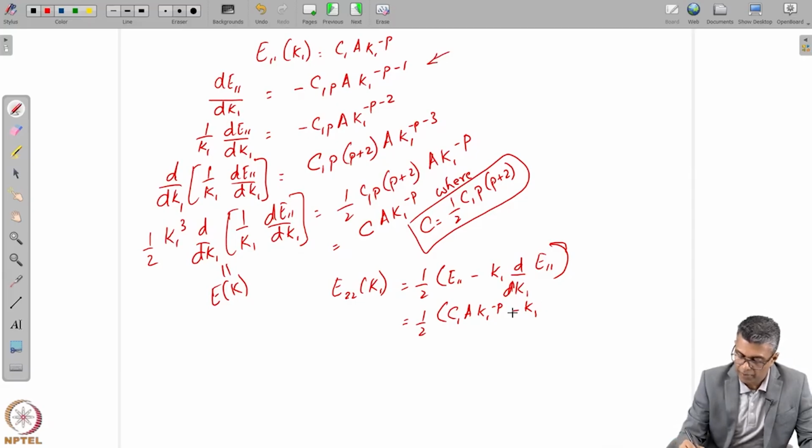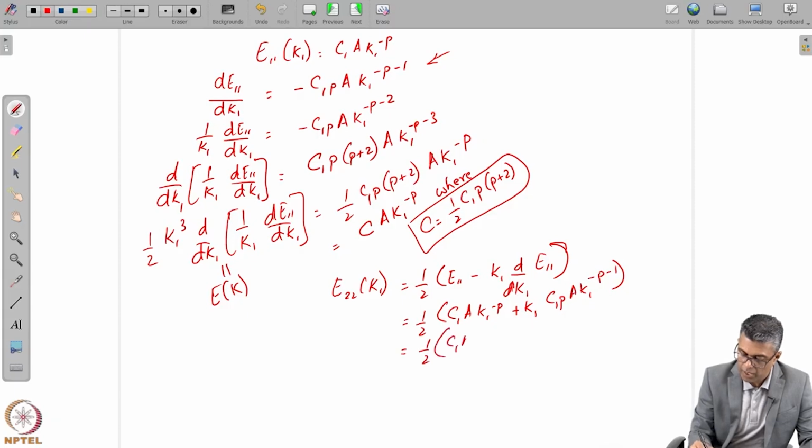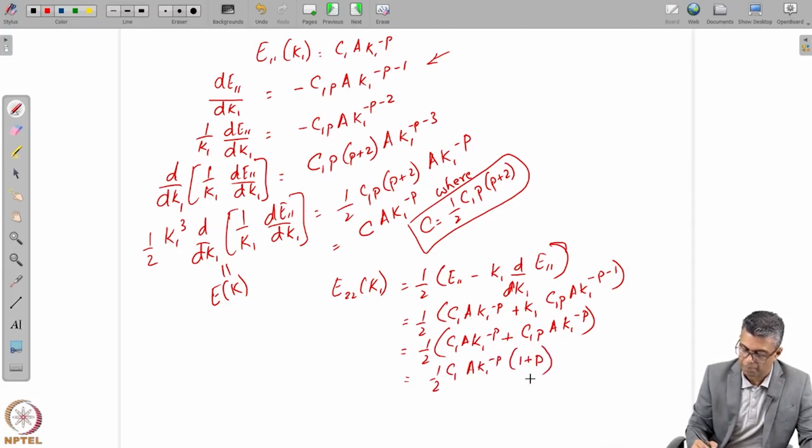Then this will be a plus, and C1 P A kappa 1 to the minus P minus 1, which is going to be half C1 A kappa 1 to the minus P plus C1 P A kappa 1 to the minus P. So I can factor out a few terms, and what I'll have is half C1 A kappa 1 to the minus P and then 1 plus P.